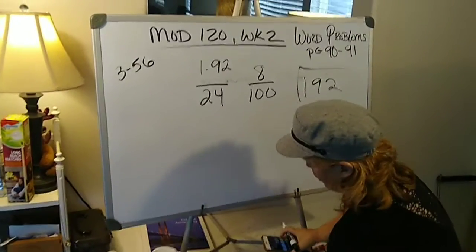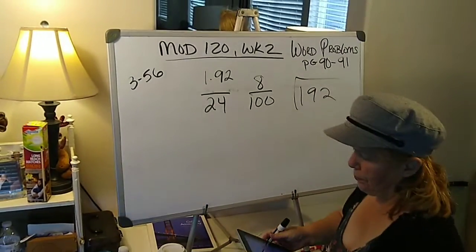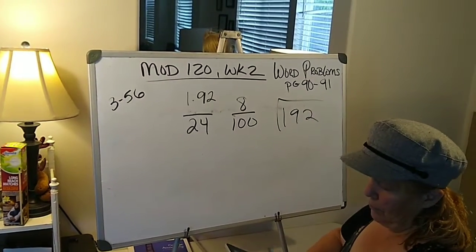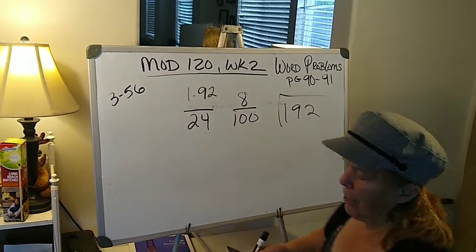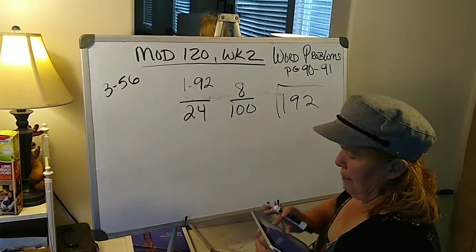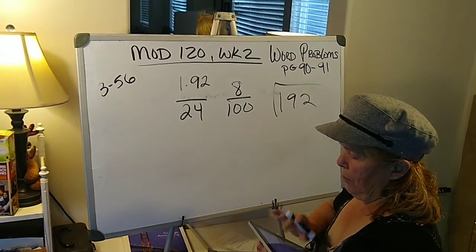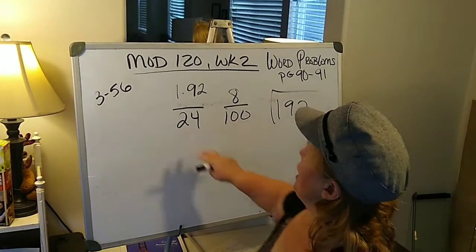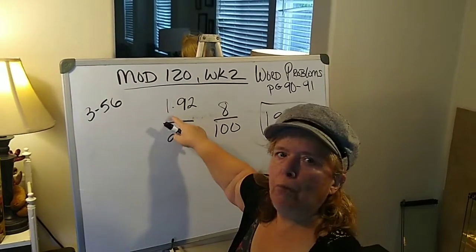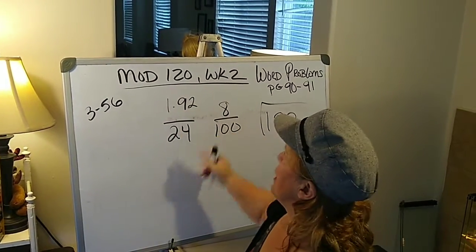So the question is, what would her mileage be with the new tires? She's getting 24 miles per gallon now, and we know that 1.92 is 8%.